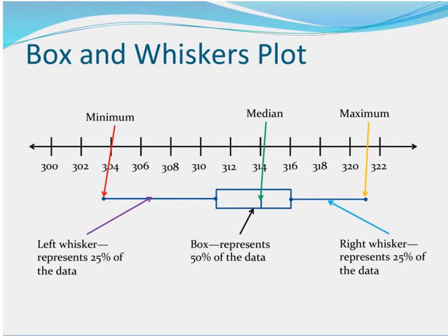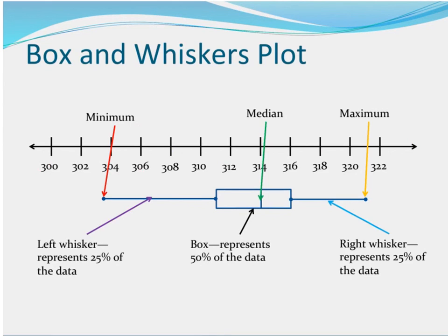Quartile 3, put a dot there. Then we draw a box like this. At the actual median, we draw a line in the middle of that box. Then we draw a line between the ends of the box and the dots. Same thing over here. And that's it. That's our box and whisker plot right below. Notice I said below a number line.